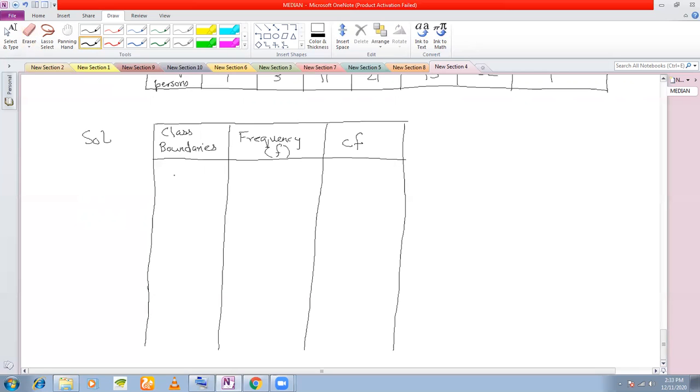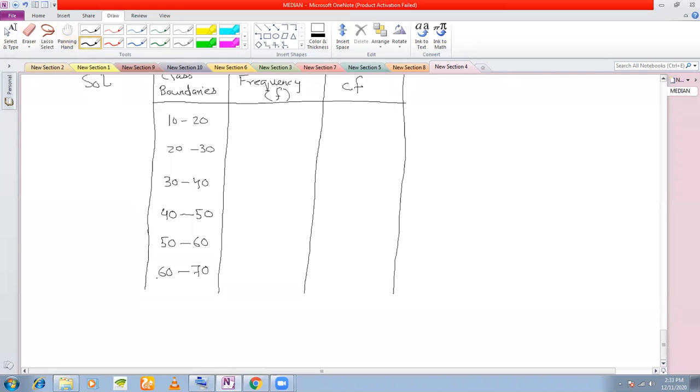So we list down class boundaries 10 to 20, 20 to 30, 30 to 40, 40 to 50, and finally you have 70 to 80.